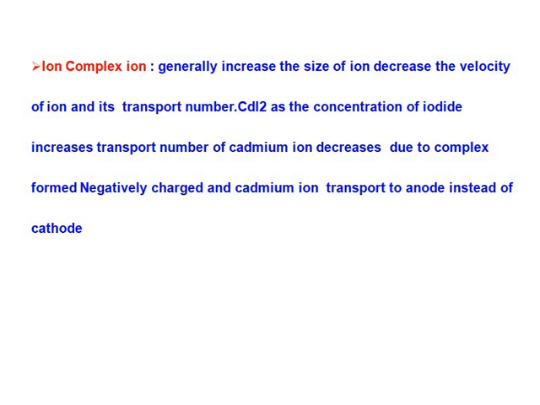As the concentration of iodide ions in the solution increases, the transport number of cadmium ion decreases and even becomes negative. This can be explained as the complex form is negatively charged, and therefore cadmium ions are transported to the anode instead of the cathode. The complex form is the cadmium tetraiodide 2- ion.